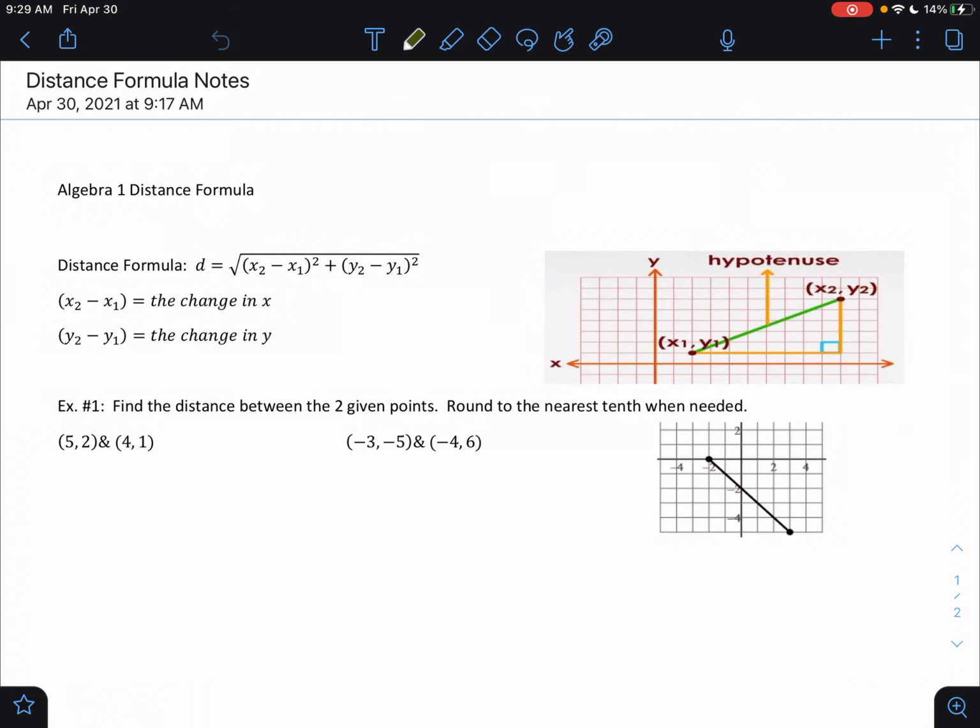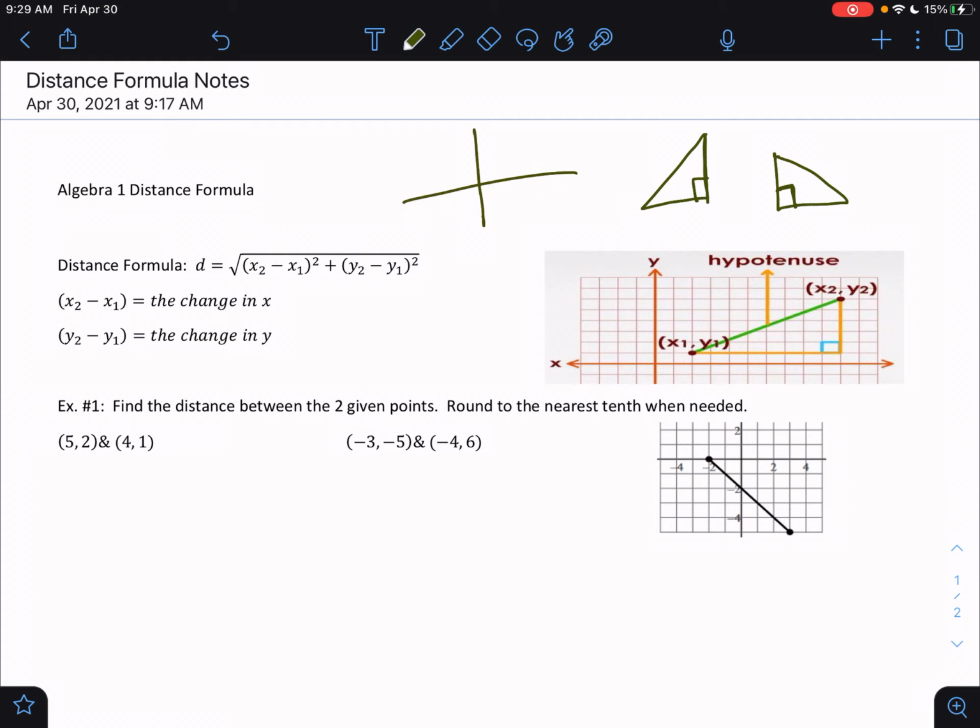These notes are over the distance formula. The reason we're going into the distance formula next is because it's actually kind of the same thing as the Pythagorean theorem. So you can have a right triangle, and let's say that we're trying to find the distance between 2 points, right?